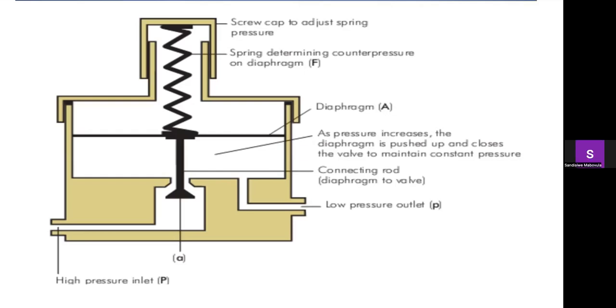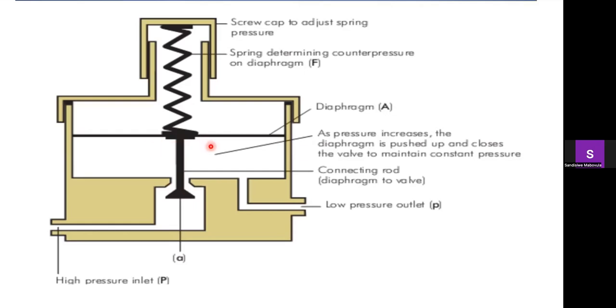So you're going to have a high pressure inlet, with gas flowing in through that high pressure inlet. And then it's going to push that up against the spring, reducing the area around it.